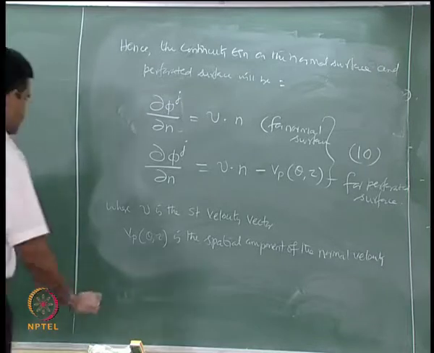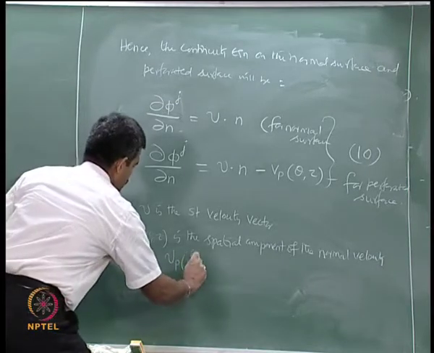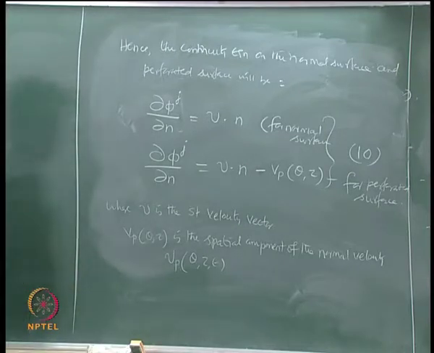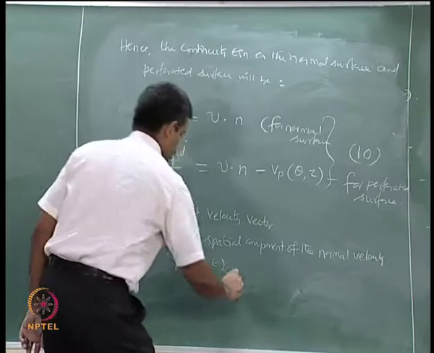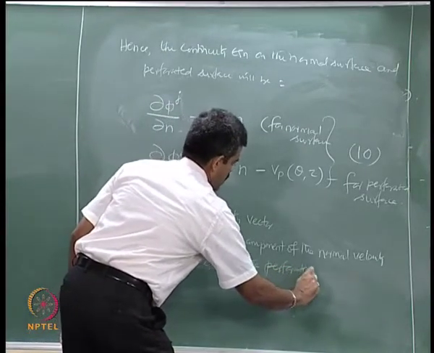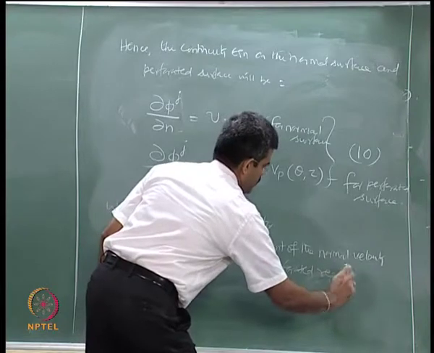The normal velocity is Vp of theta z of t, which is applicable to the perforated region only.